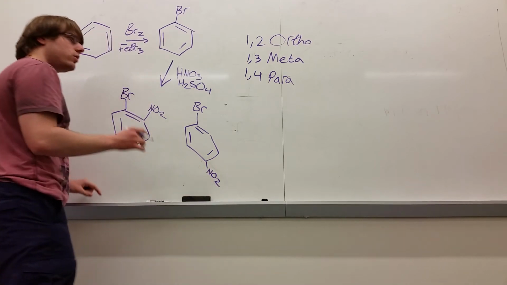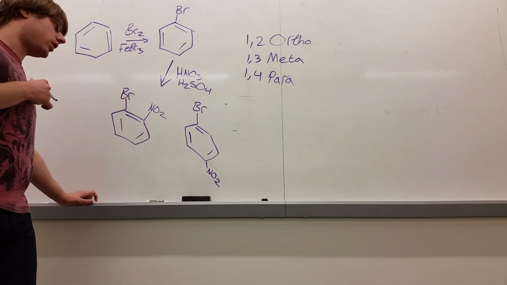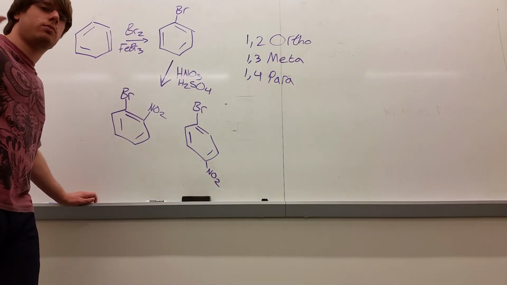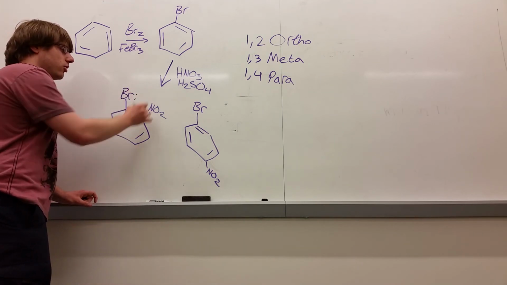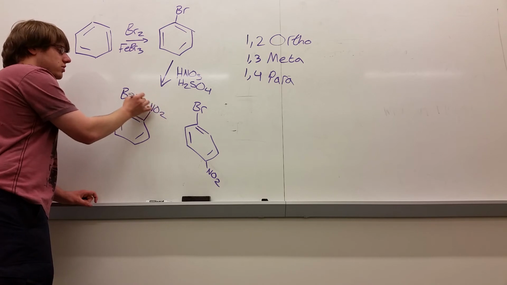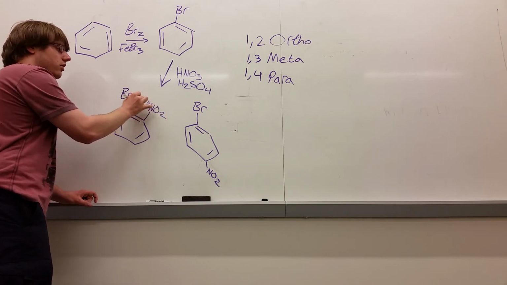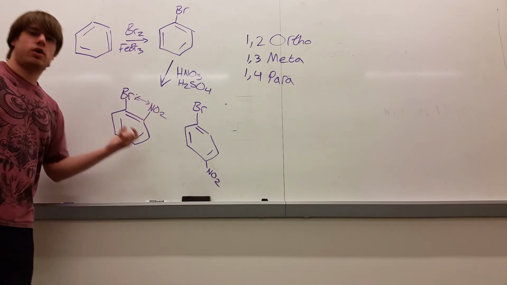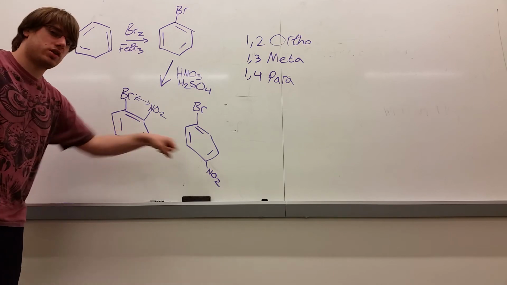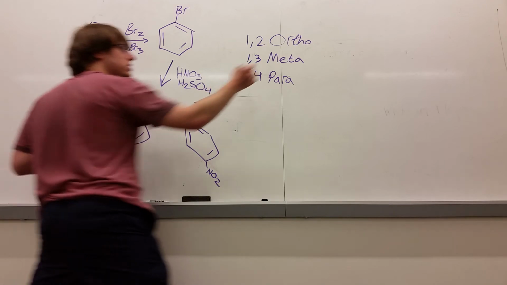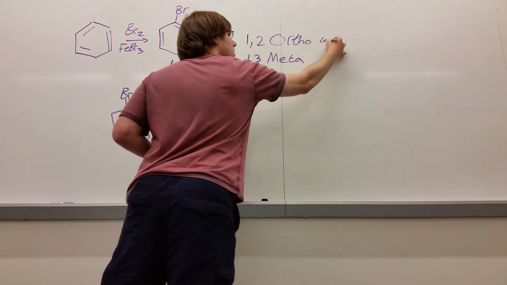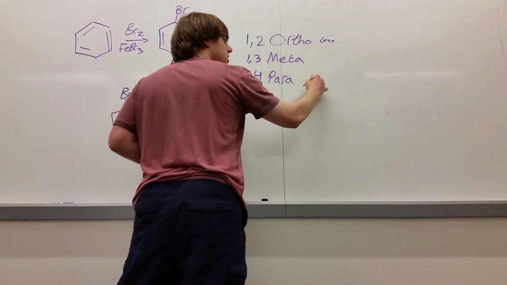Okay. Which one is preferred? Which one will be your major product of the two if we're telling you there's only one major product? Well, here I have electrons on that bromine, I have electrons on these oxygens and nitrogens, and they're going to kind of repel each other. Or you could have two really large carbon chains in those ortho positions, and they're going to bump into each other. So the ortho position is always going to be a little less stable than the para position in terms of stability.